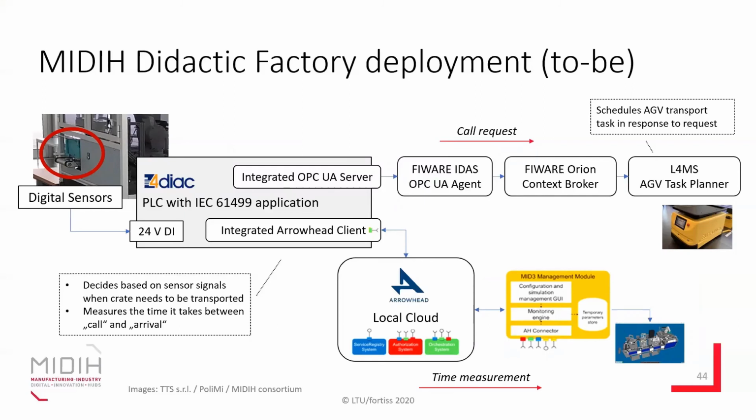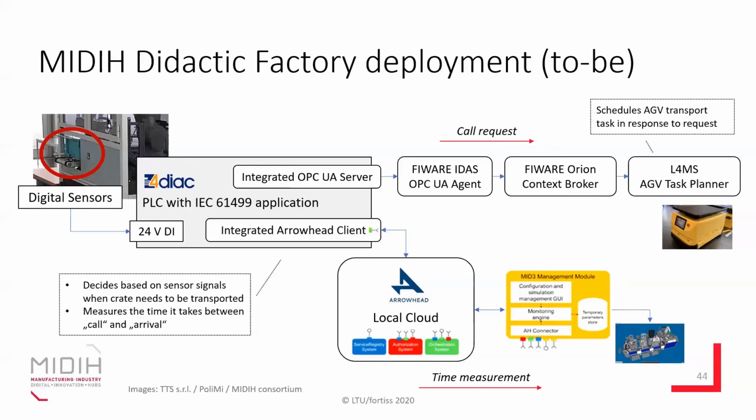And this information is then picked up by the existing FIWARE-based infrastructure that was created in the L4MS project. And by the way, here we'll be using another piece of software that was developed in the context of MIDI by the company Engineering, which is an OPC UA client for the FIWARE IoT agent framework.